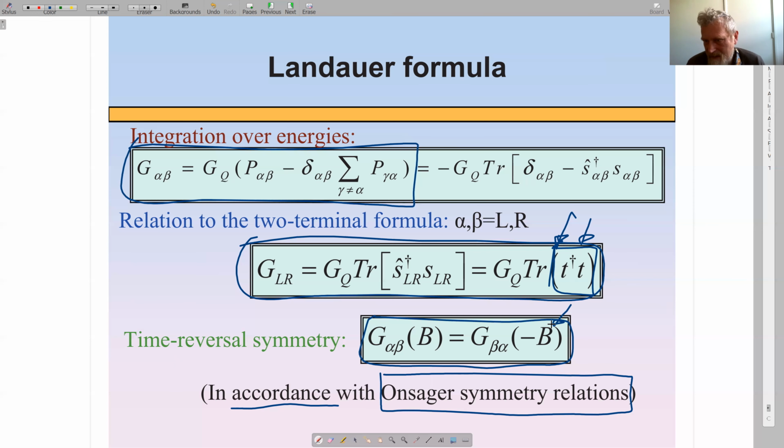An anti-symmetric conductance matrix is a manifestation of broken reversibility. For instance, the Hall effect is an antisymmetric conductance. The quantum Hall effect is ultimately antisymmetric conductance. There are examples which involve a magnetic field. Fine. That was about Onsager.